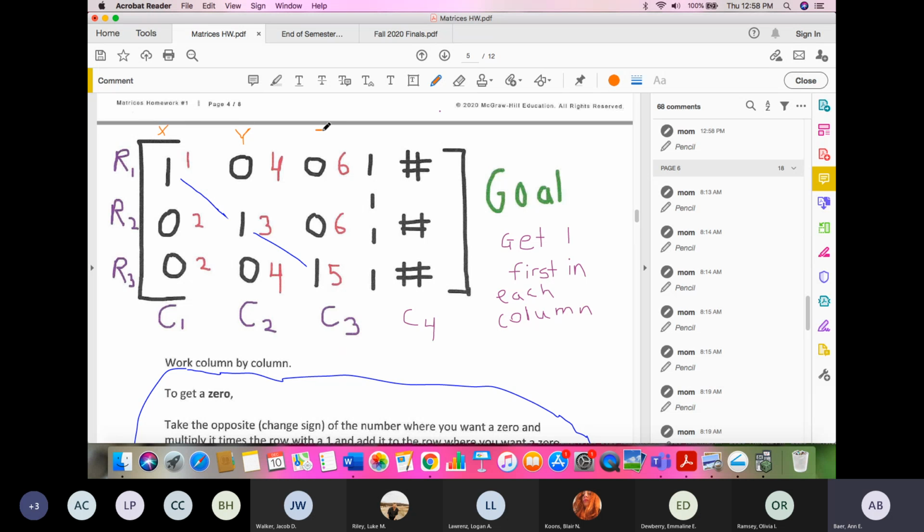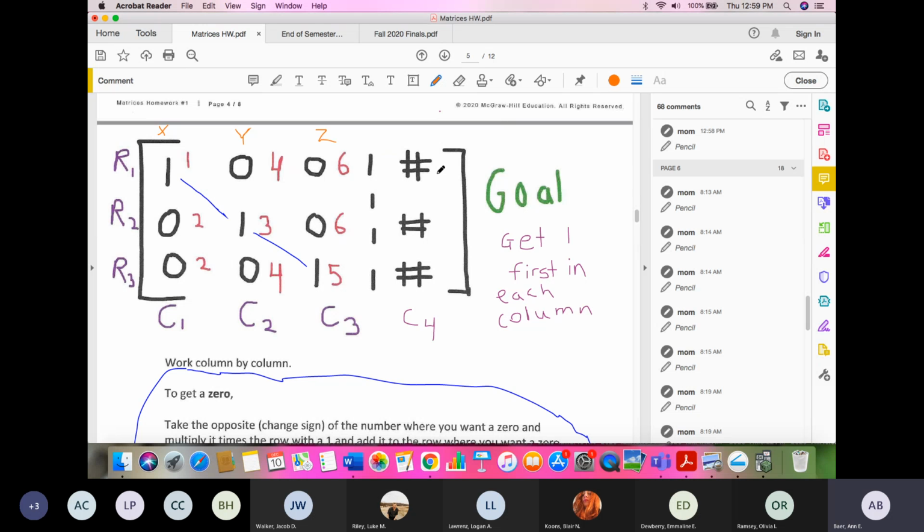This is our Z column. And when you have a 1 here and zeros here, that's going to tell us that we have 1 X. So we have X plus 0 times something, plus 0 times something, which is just 0. So we have X equals whatever this number is.